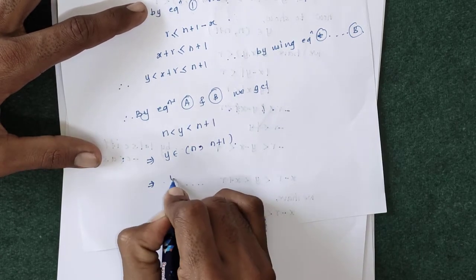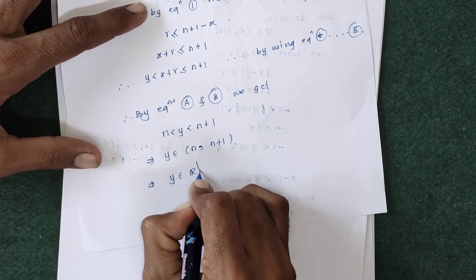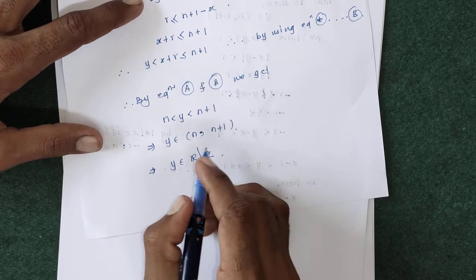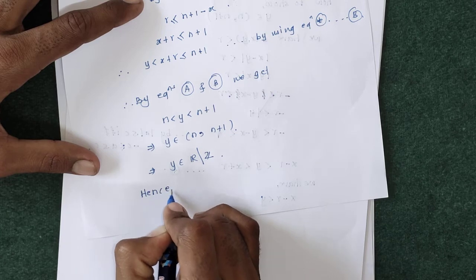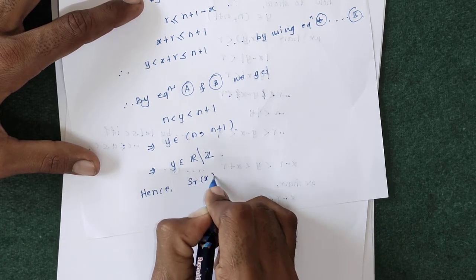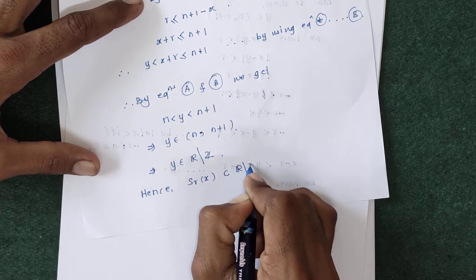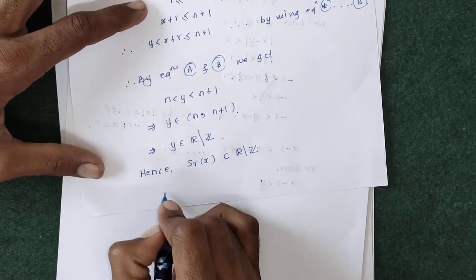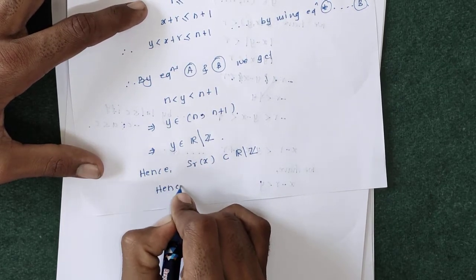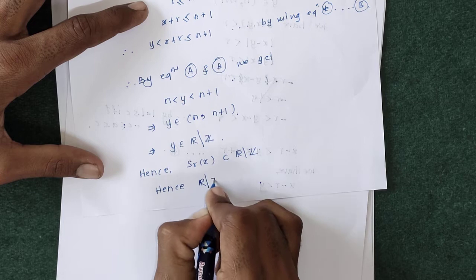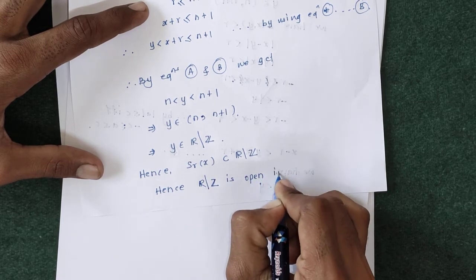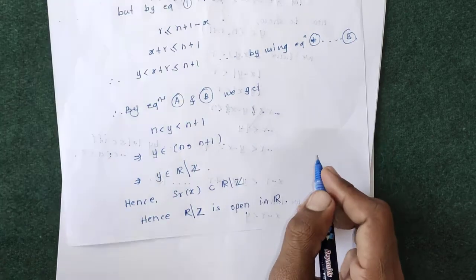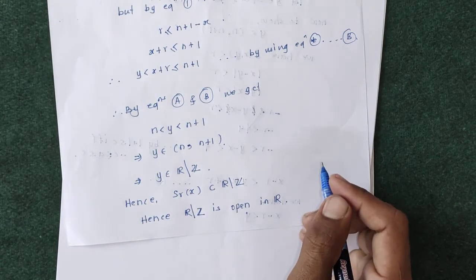This implies our y belongs to R minus Z. Hence we can say that the open sphere of radius r at x is contained in R minus Z, hence R minus Z is open in R.